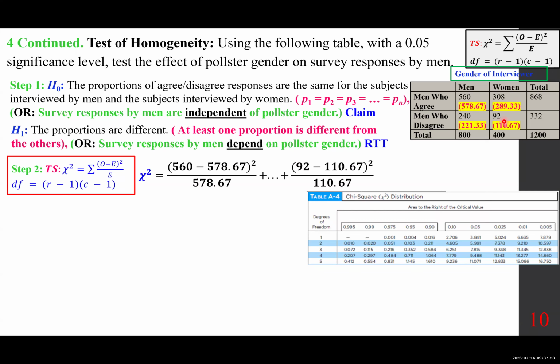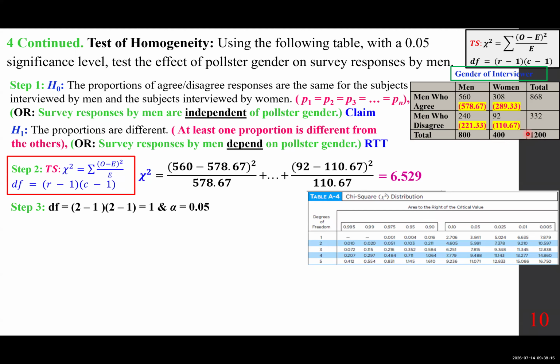And this is the last one, 92 minus 110.67 quantity squared over 110.67. Here's the test statistic. Degrees of freedom: how many rows? 2. 2 minus 1 is 1. How many columns? 2. Please don't count the total. 2 minus 1, 2 minus 1, we get 1.